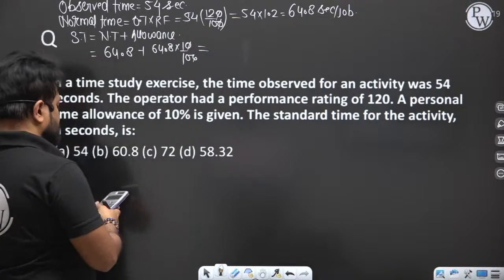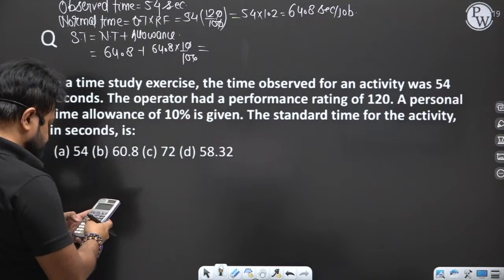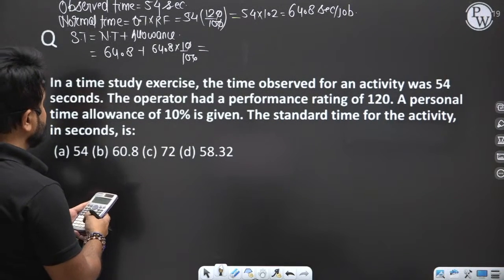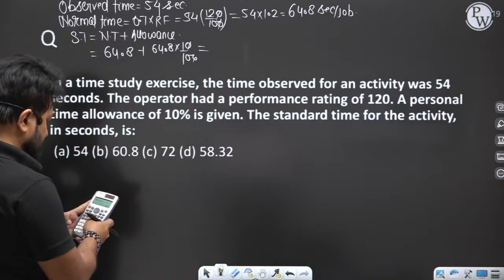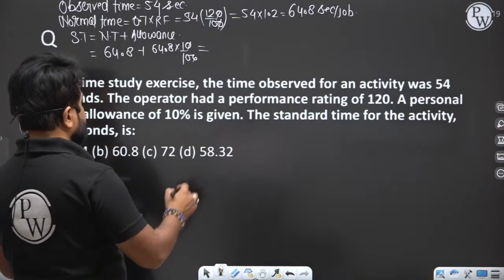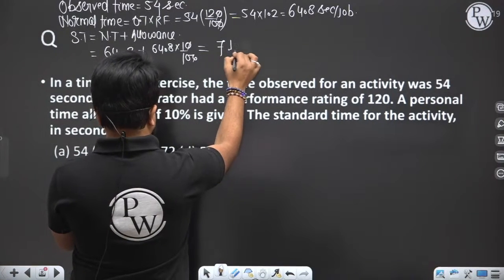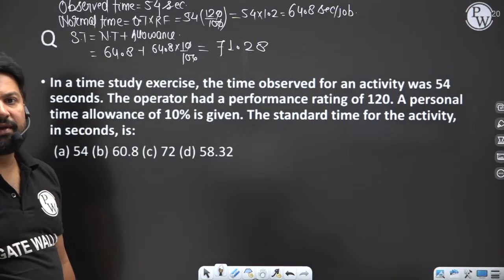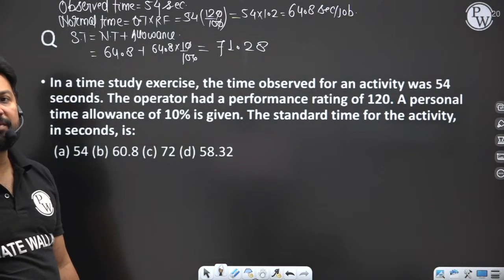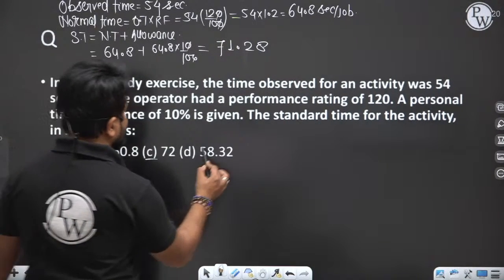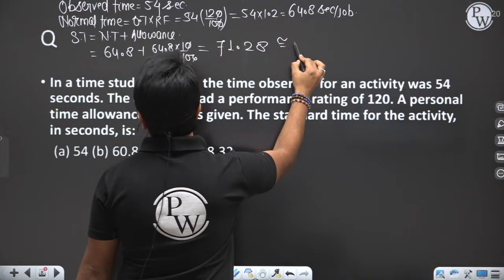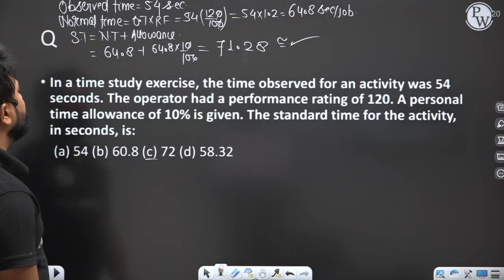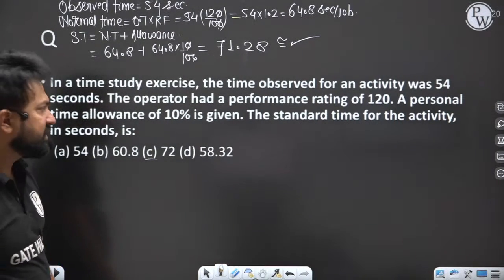The answer will become 71.28. Nearby is 72, so you can take 72. Clear? 72 will be the answer. That is option C.